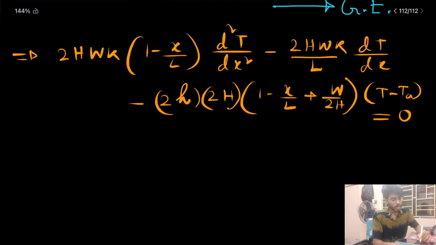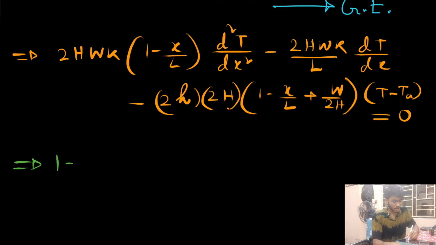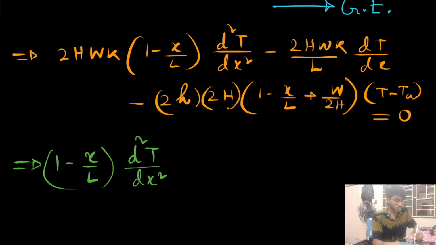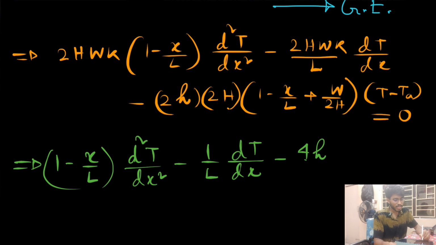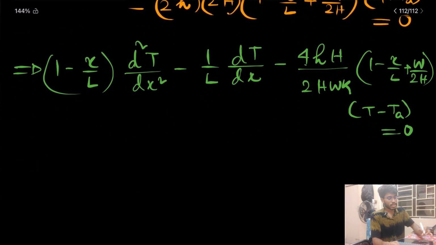So now divide the whole equation by this one, that is 2hwk, then what I will have, I will have 1 minus x by L d2t dx2 minus 1 by L dt dx minus now 4h, right, I have divided by 2hwk, and w by 2h into t minus ta is equal to 0, clear.